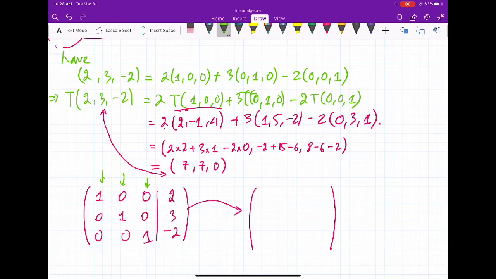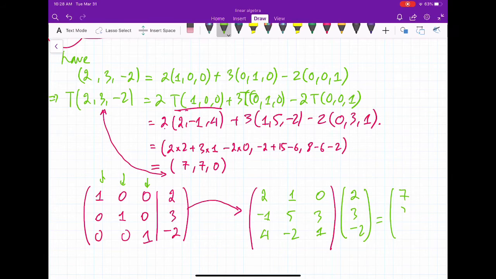The image of this is (2, -1, 4). I write them in column form: (1, 5, -2), (0, 3, 1). And I apply to (2, 3, -2), and I get exactly (7, 7, 0).